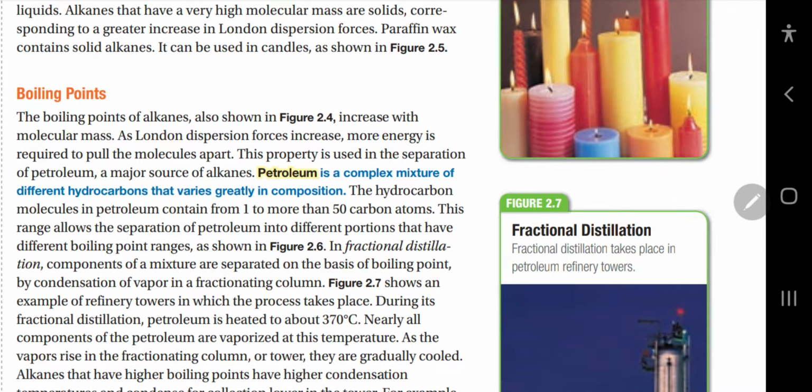Now, if we talk about the other compounds, of course, we have a lot of organic compounds, especially those with a high number of carbon atoms. We call a huge group of them petroleum, which is a complex mixture of different hydrocarbons that varies greatly in composition.